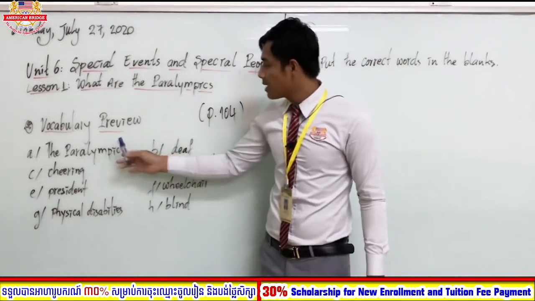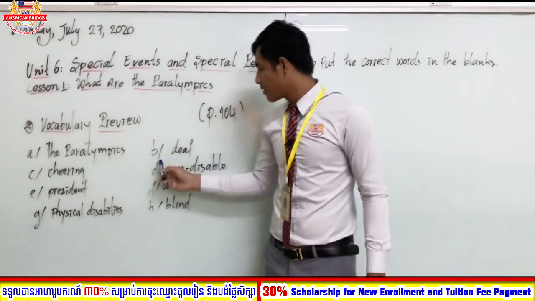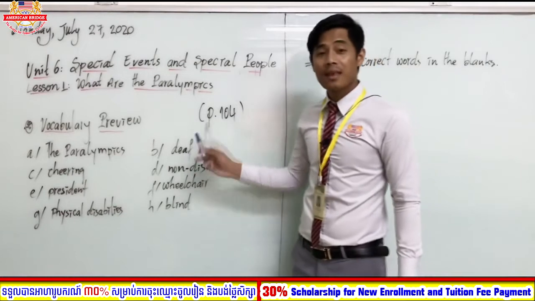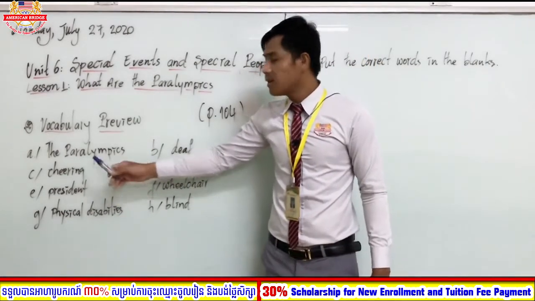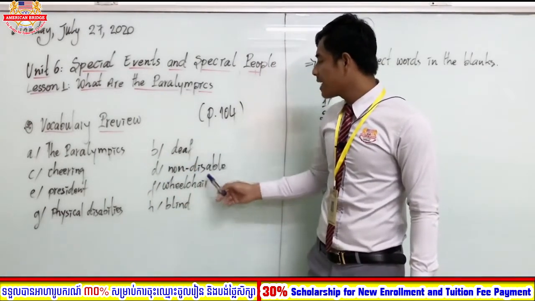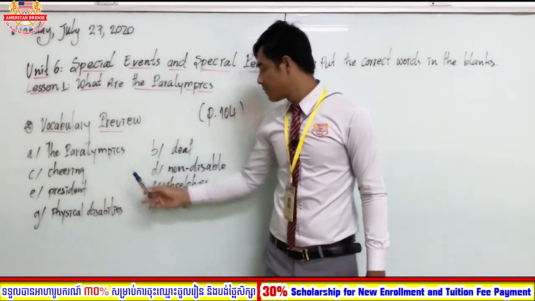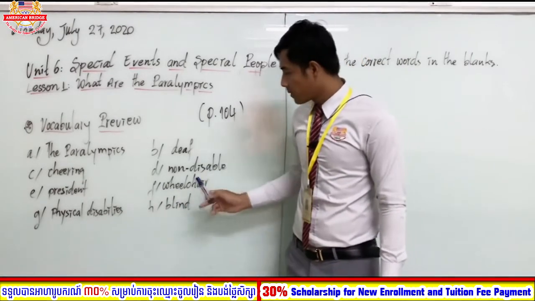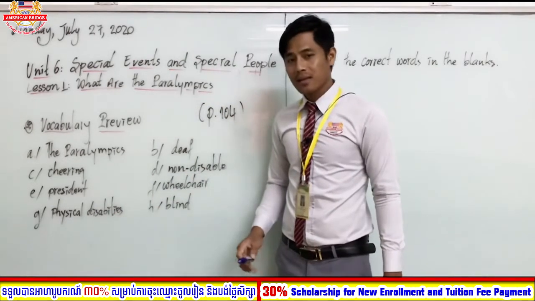The first, the Paralympics. Letter B, deaf. C, cheering. D, non-disabled. E, president. F, wheelchair. G, physical disabilities.